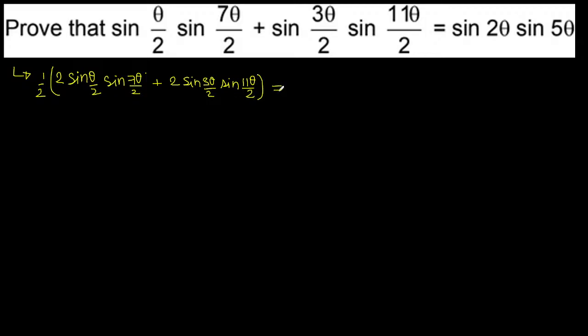So we have 1 by 2. 2 sin c sin d is nothing but cos (c minus d) by 2.